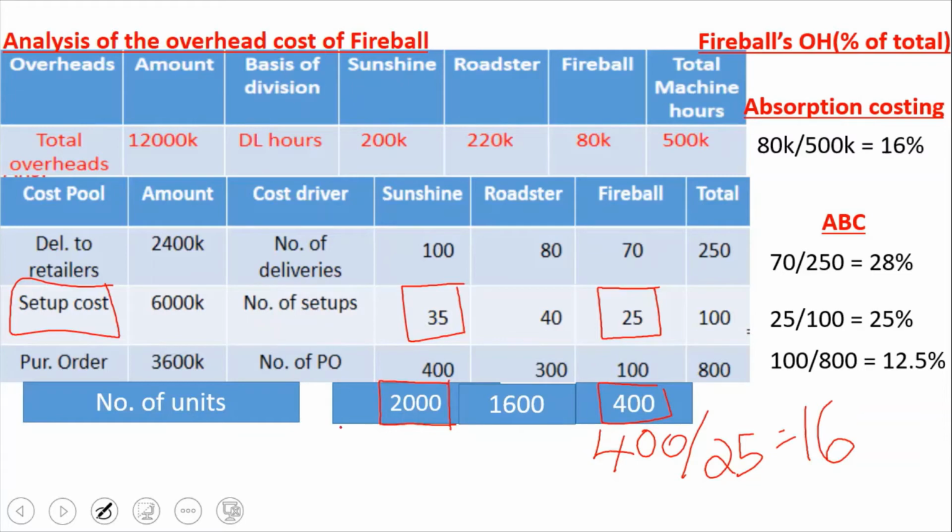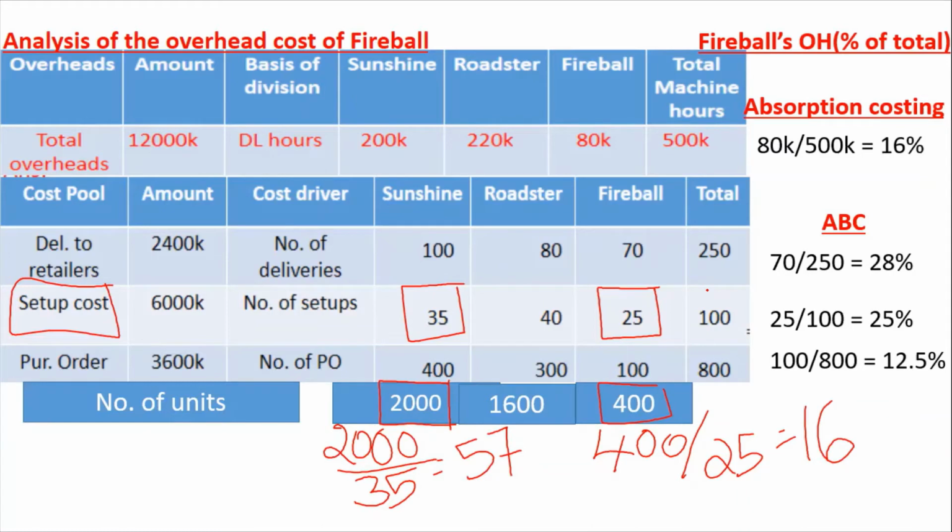So for each setup, we are manufacturing 2,000 divided by 35, or 57 units. See the difference? Only 16 Fireballs are being produced for each setup, while 57 units are being produced for each setup for Sunshine. So you saw the difference, right? It is just like making cookies. Suppose you want to make 20 cookies.